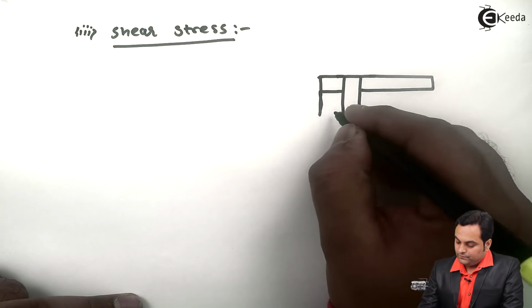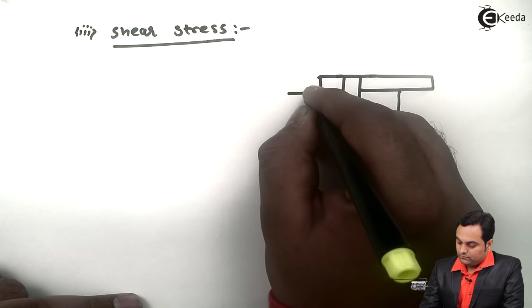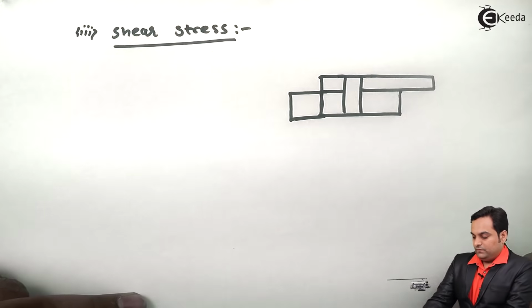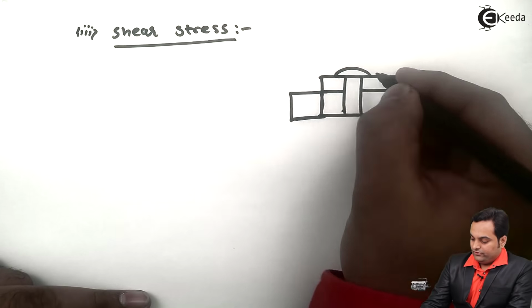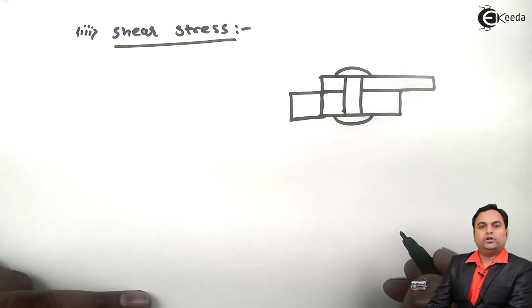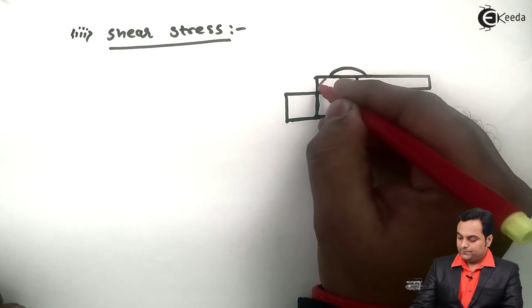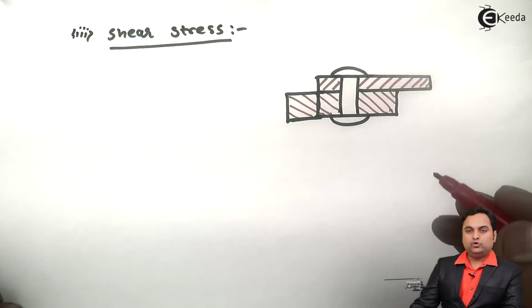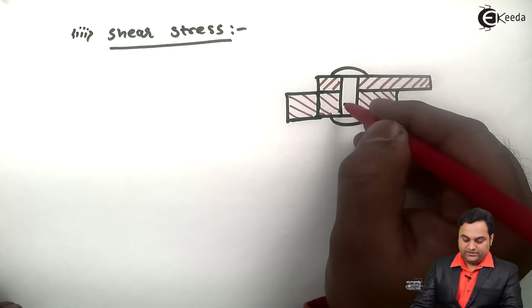Next, I have the second plate. Now, they are connected with the help of pins or rivets. Now here we have two plates. These two plates are connected by this joint which is at the center.